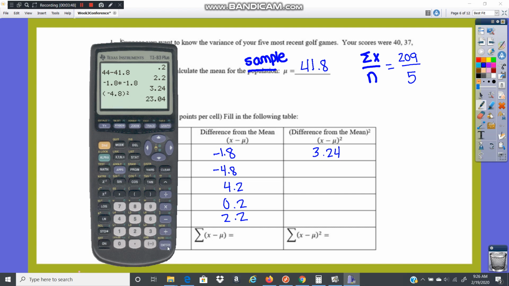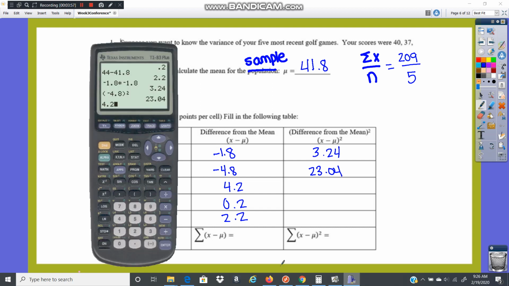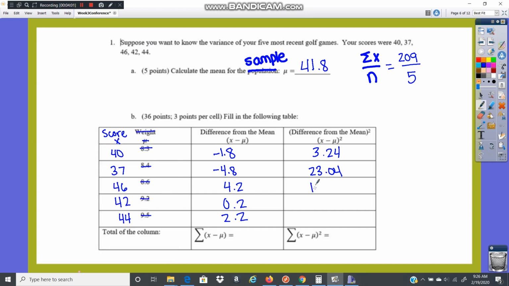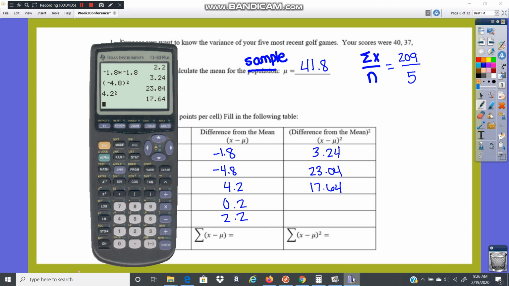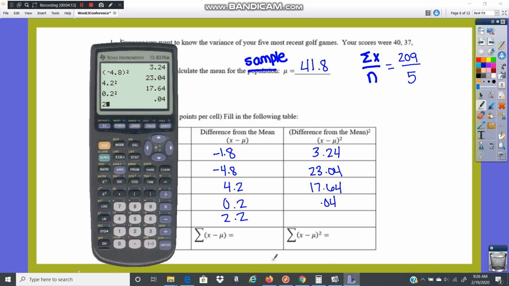That's going to give me 23.04. Then 4.2 squared, 17.64. Then 0.2 squared, 0.04, and then 2.2 squared, 4.84.